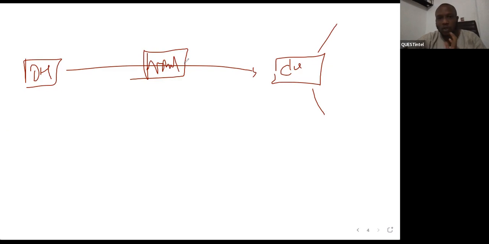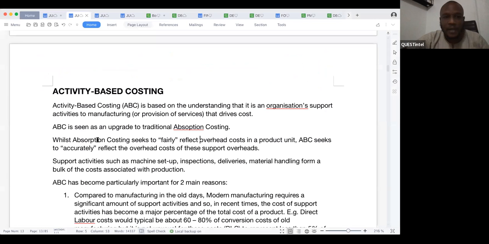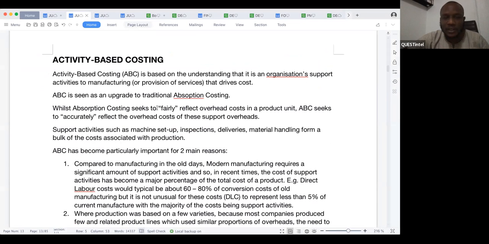As we walk through this, we'll see how we do this in practice, computationally. Now, ABC is seen as an upgrade to traditional absorption costing. Whilst absorption costing seeks to fairly reflect overhead costs in a product unit, ABC seeks to do so accurately.